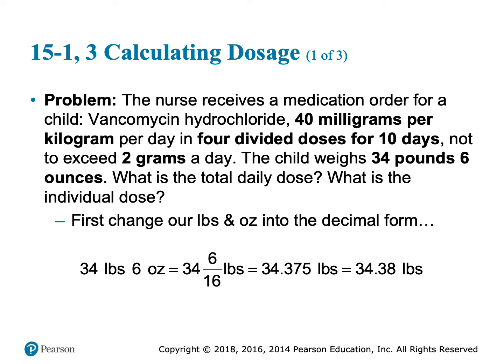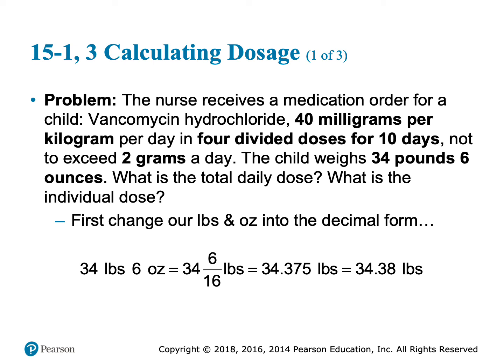First we have to change our pounds and ounces into decimal form. The way that we do this is we take our ounces and set that over 16, so we get 6/16 of a pound, and then we divide the denominator into the numerator, and we get 0.375.